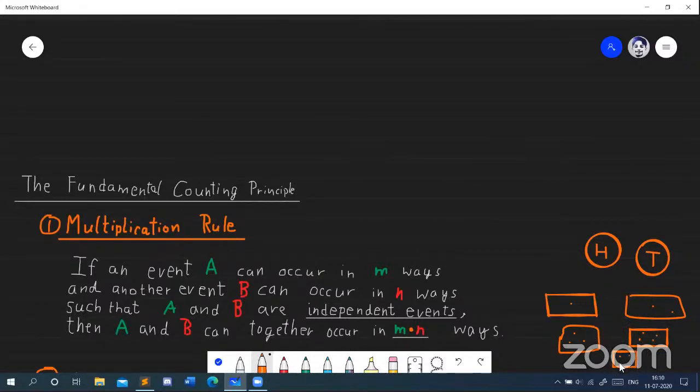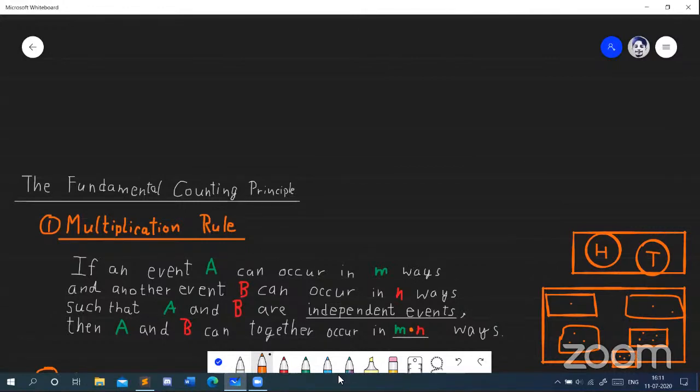I think it's like this. The outcomes of these two events are independent. And therefore, the number of outcomes I'll have when I both flip a coin and roll a die will be 2 times 6.